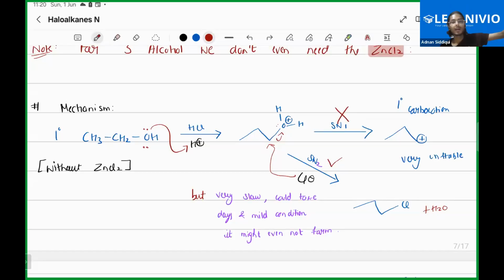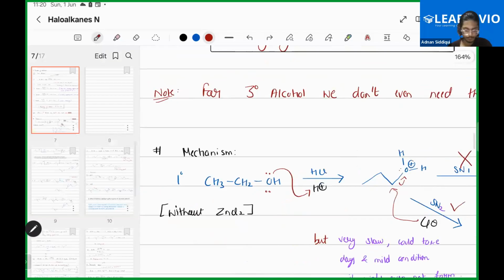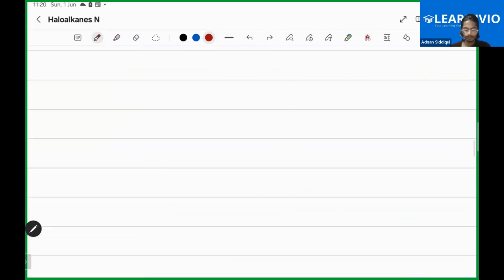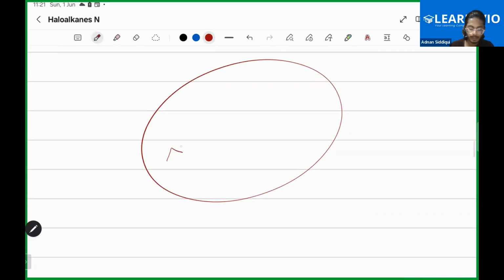Look at the screen. This is your beaker. Suppose after some time you have formed this carbocation, and this chloride negative is here.